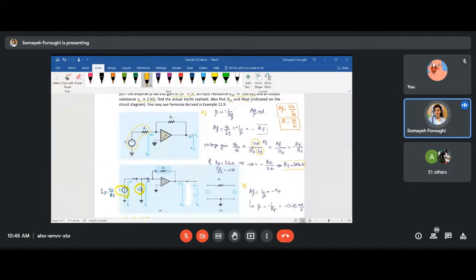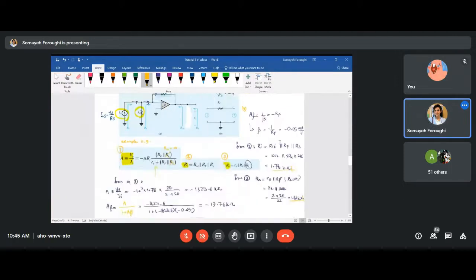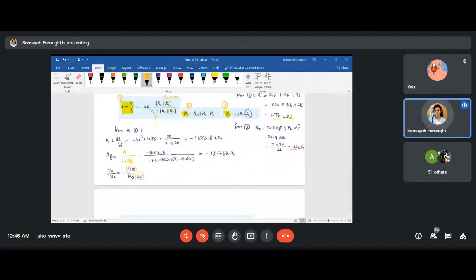You see, guys, here, VO over IS is the same as AF. So that part is AF over RS. And you just found your AF, negative 19.76. Your RS is 2. Finally, negative 9.88 is the voltage gain of VO over VS.